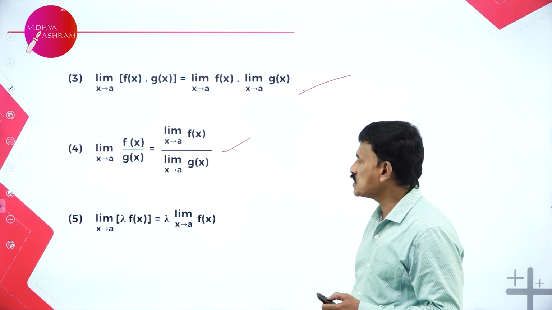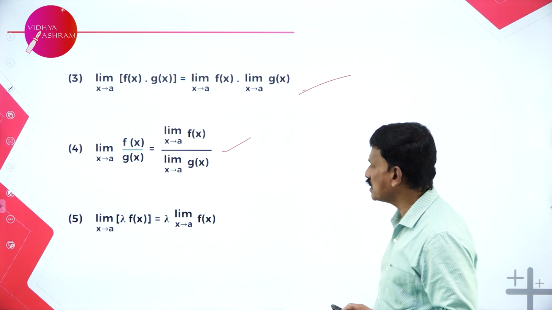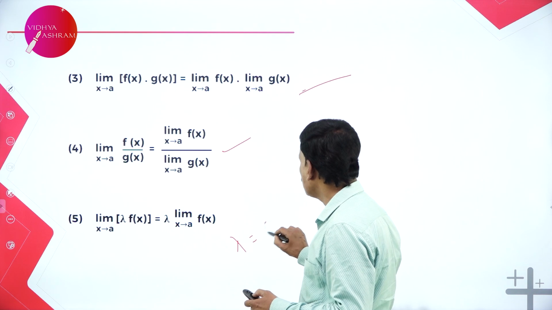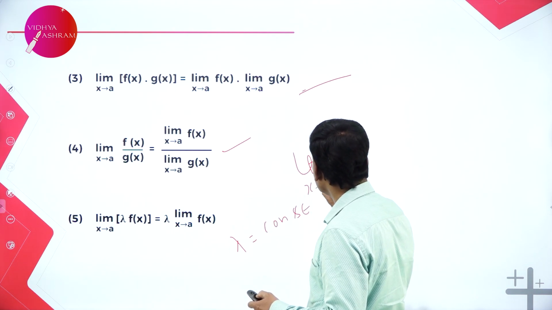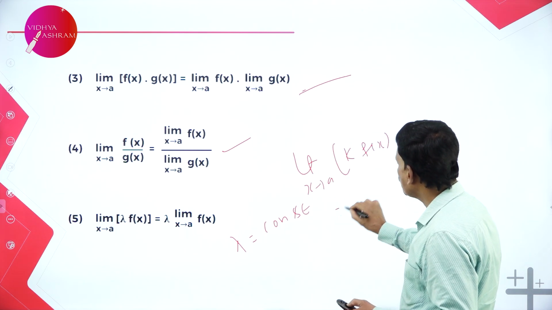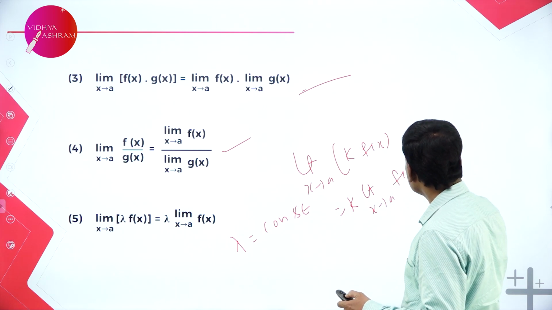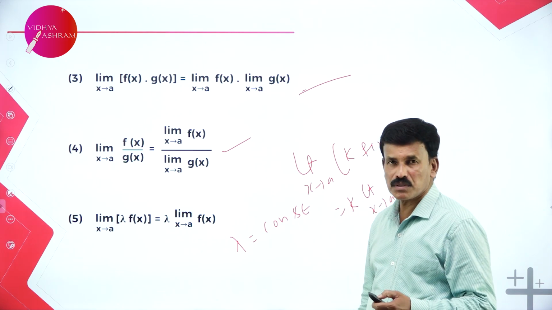Limit as x tends to a of lambda into f of x is equal to lambda into limit as x tends to a of f of x, where lambda is a constant. That is, if a constant multiplied by a function is inside the limit, you can take the constant out and apply the limit to the function. Okay. Now move on to the problems based on this.